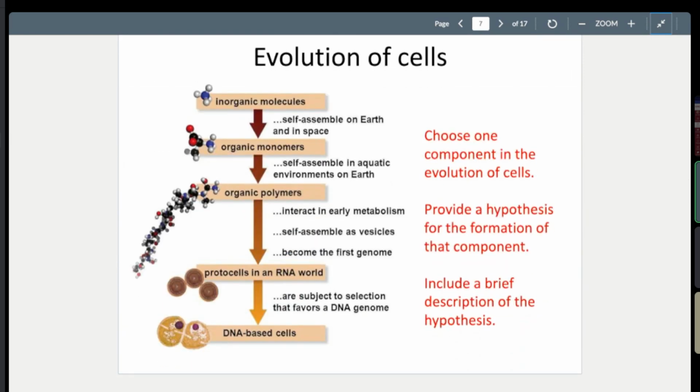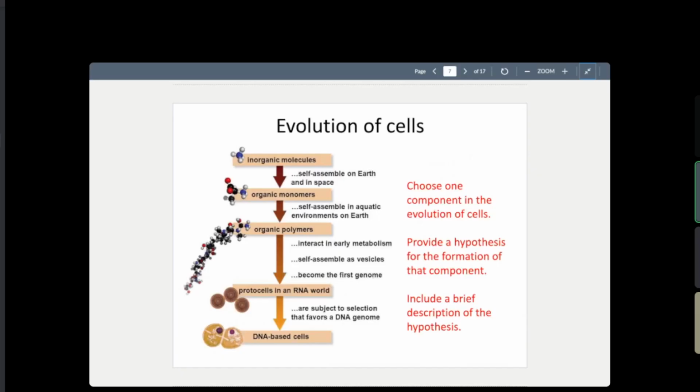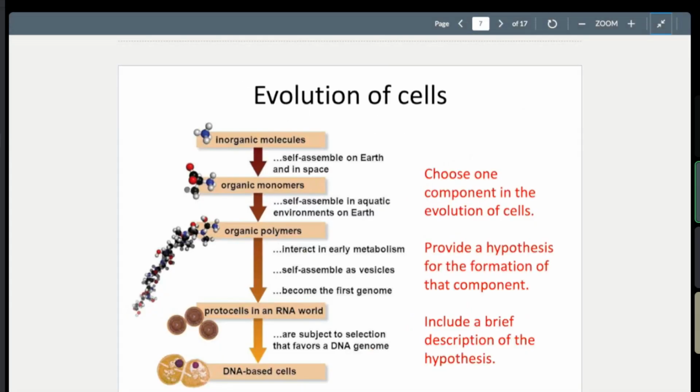The overall evolution of cells is going to go from inorganic molecules, like from the meteorites or the hydrothermal vents or the lightning, to organic molecules, which are assembled in aquatic environments, whether the clay tidal flats or the hydrothermal vents. Then they turn into organic polymers, and this is from the first genome, like the RNA world hypothesis.